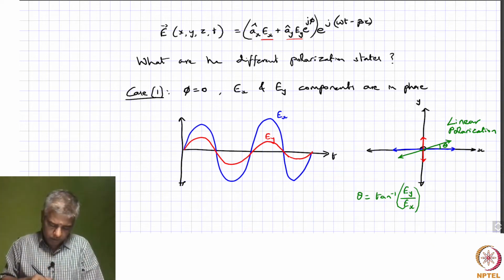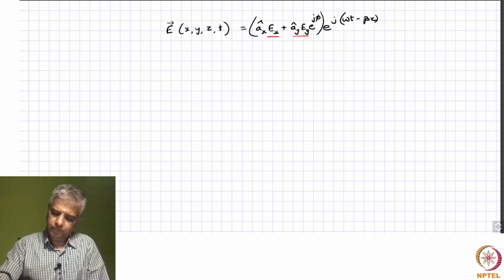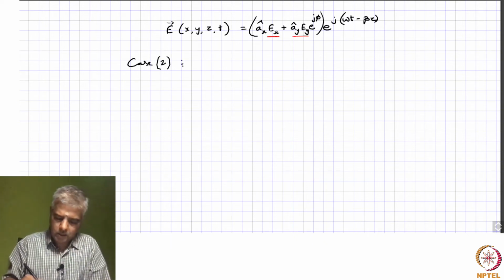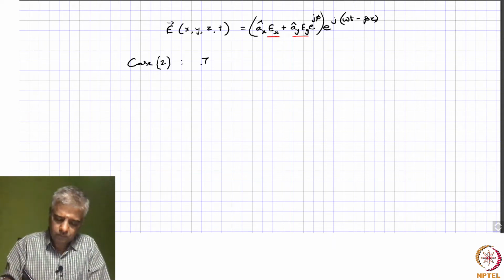Now, let us move on and look at case 2. I would still like to retain this. Case 2 is what if phi equals plus or minus pi by 2.